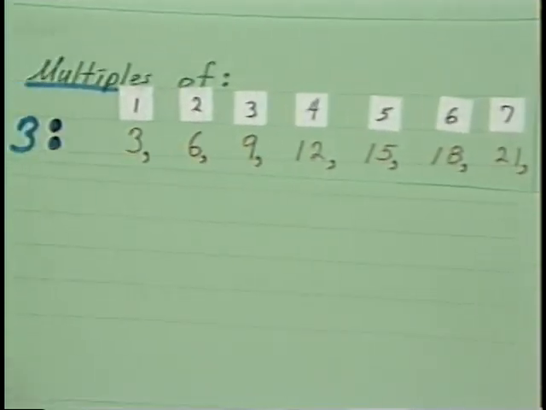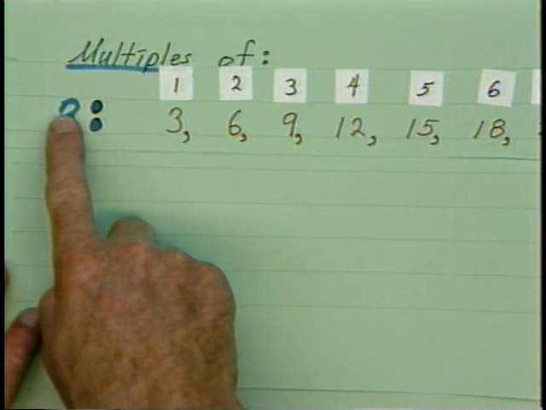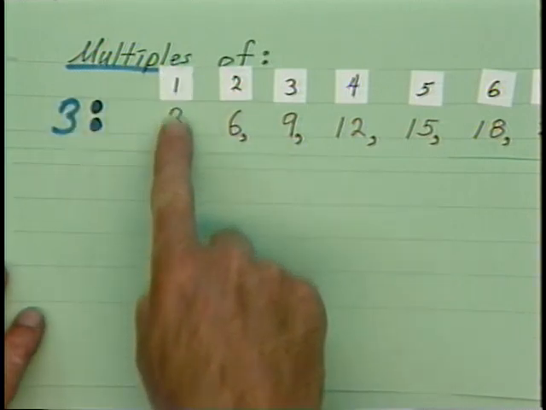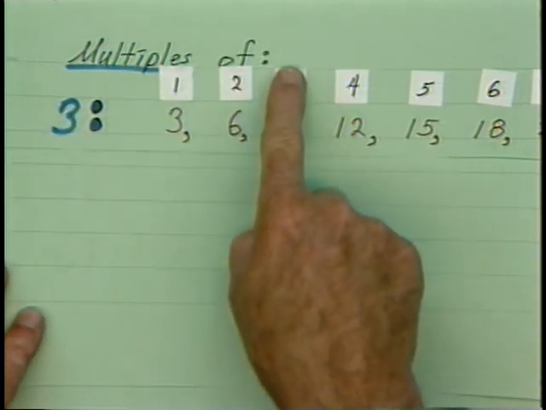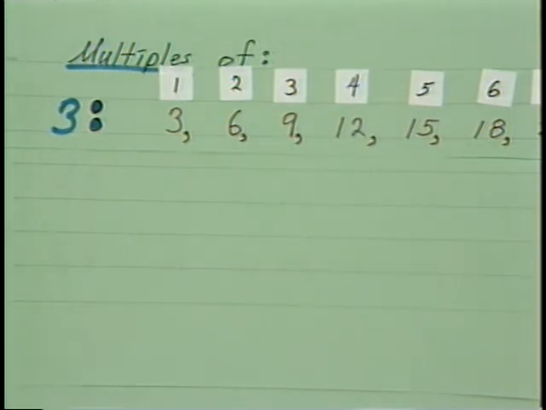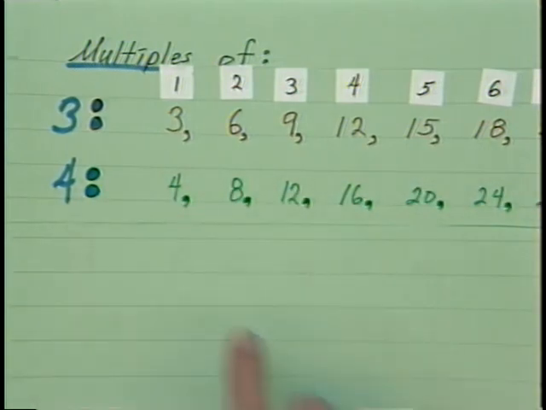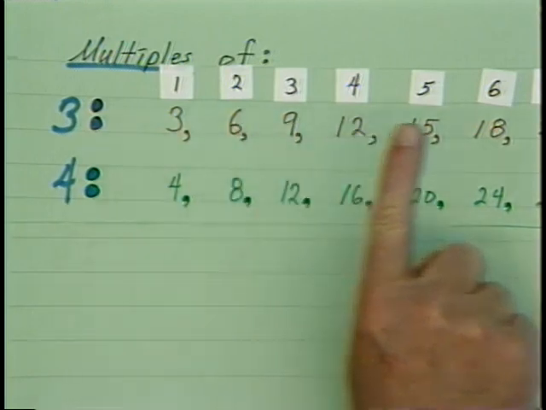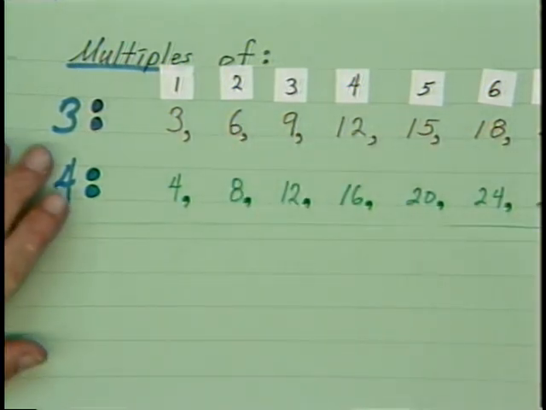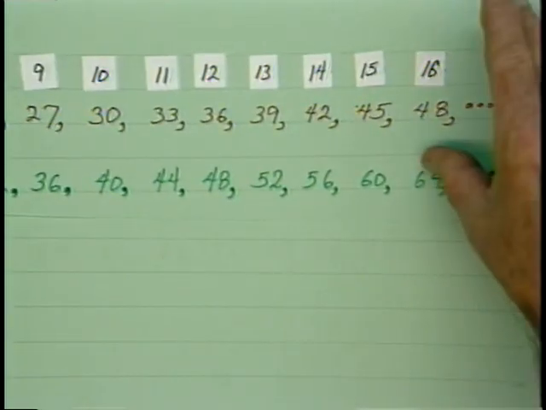So if now I wish to find the multiples of 4, I would simply take 4 times 1, 4 times 2, 4 times 3 is 12, 4 times 4 is 16, and so on forever. So now I have a list of the multiples of 4. So you see, multiples is a list, and the list goes on forever.